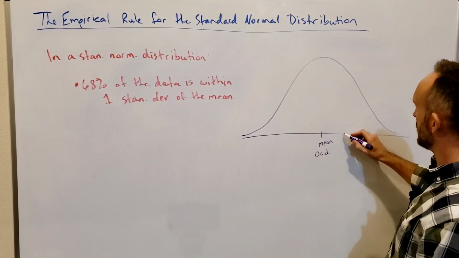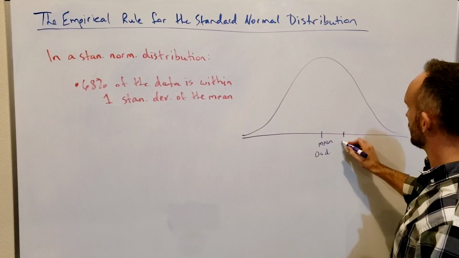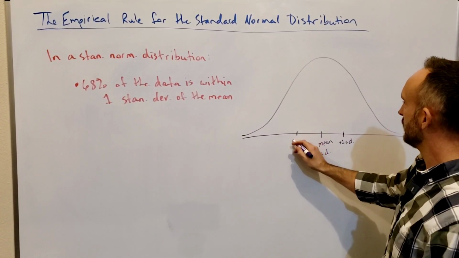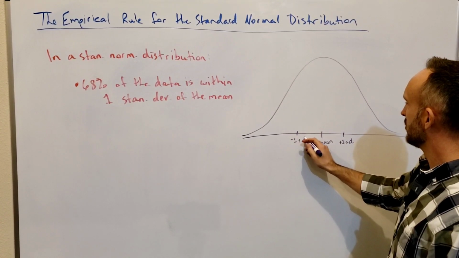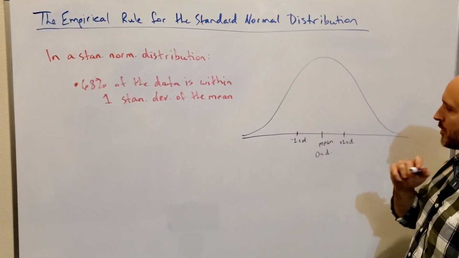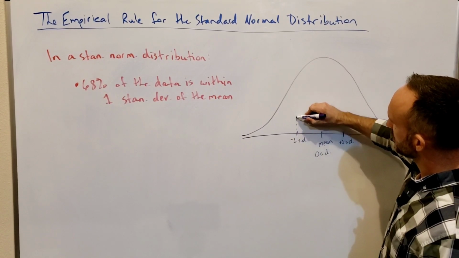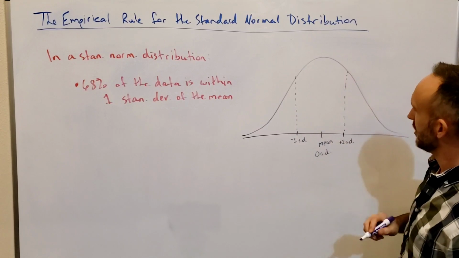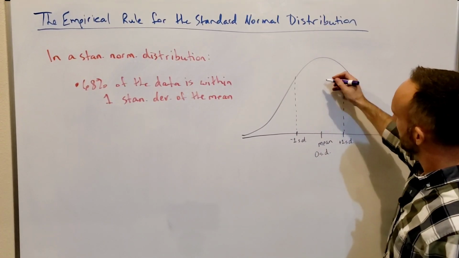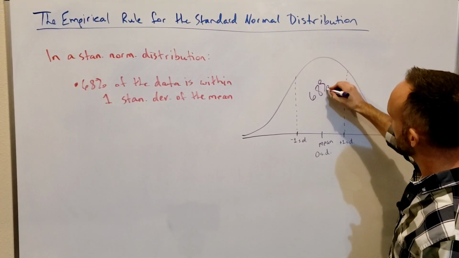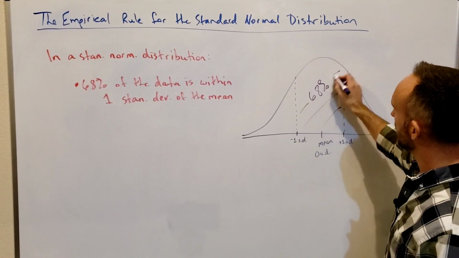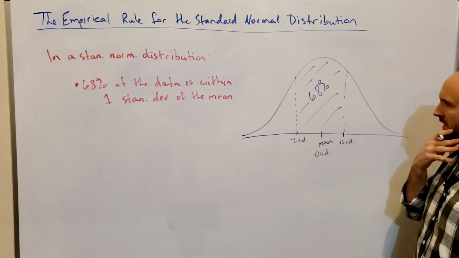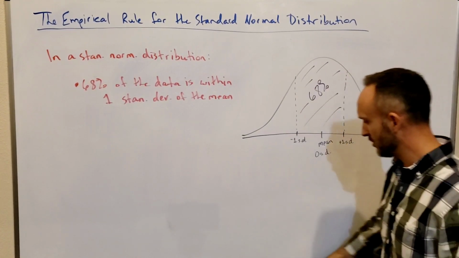If we measured one standard deviation, so here's positive 1 standard deviation, and over here's negative 1 standard deviation, then the empirical rule says that all of the data that lives in here would be 68% of your data. 68% of your data lives within one standard deviation.